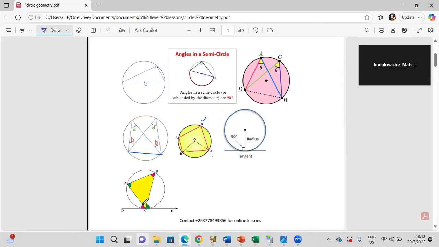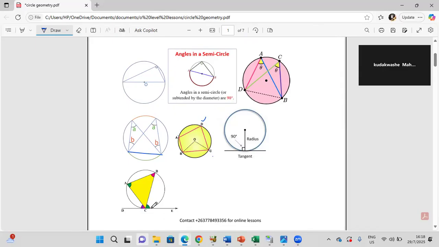So the angle which is formed by this line where the tangent is meeting the triangle, this angle, which is in purple, is equal to the internal opposite angle on this side. The same goes, the angle formed by the tangent and this chord is equal to the internal opposite, that's in green.